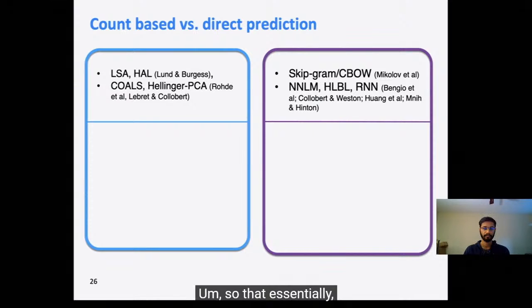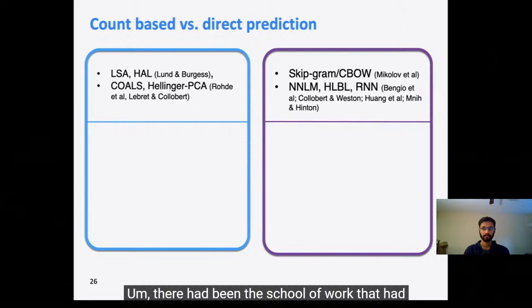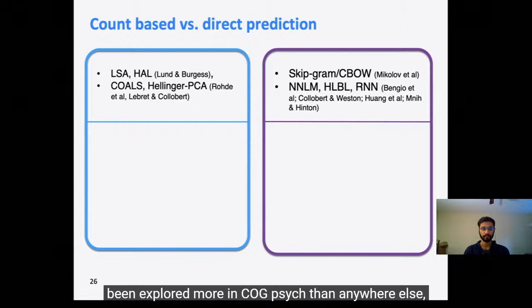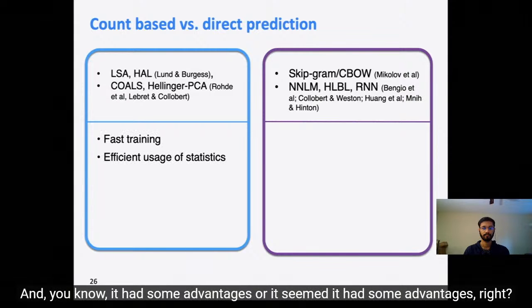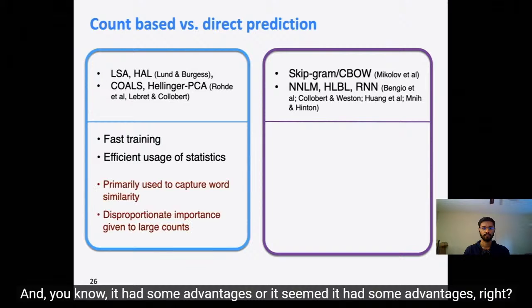So essentially there'd been these two schools of work. There'd been this school of work that had been explored more in CogSci than anywhere else, which was based on counting and transforming counts. And it had some advantages, or it seemed it had some advantages, right?